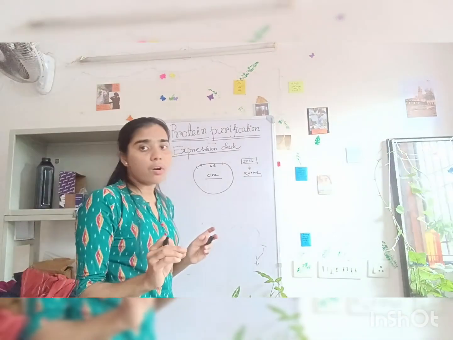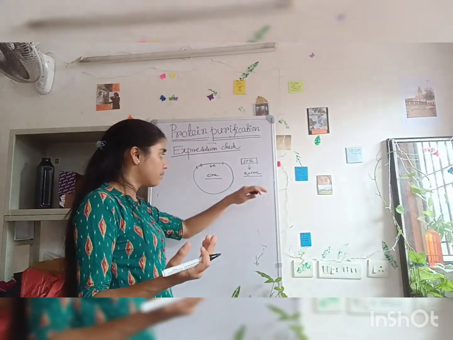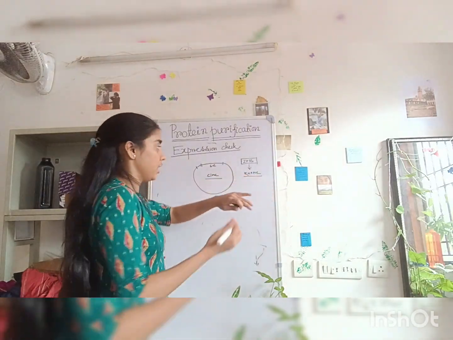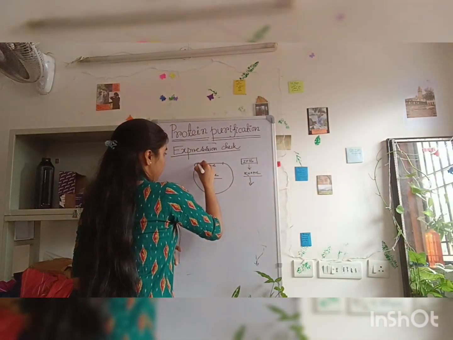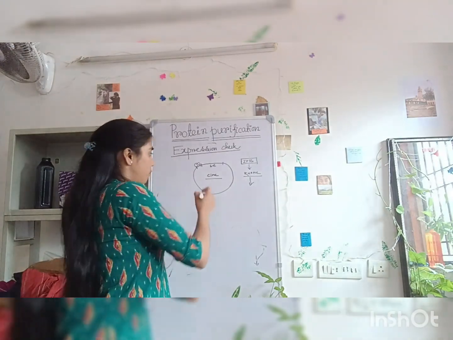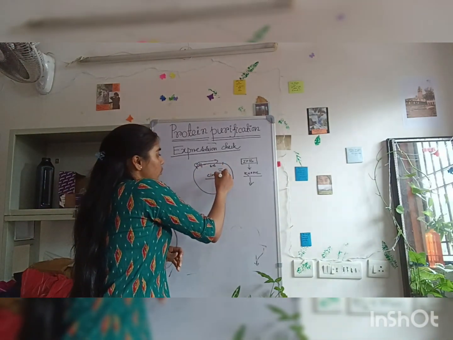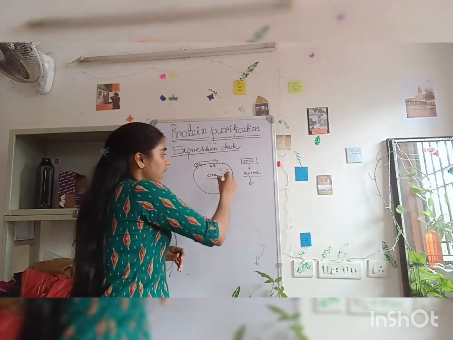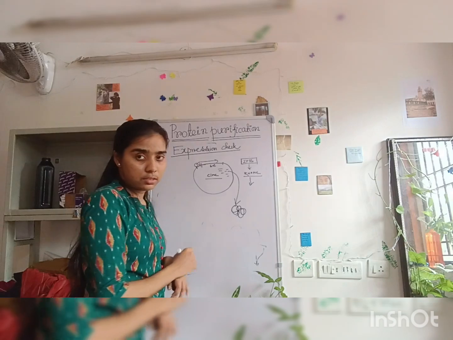It is not to induce our protein production directly, it is for the RNA polymerase production. This RNA polymerase will go and sit in the promoter region of this gene of interest, make more RNA, and from the RNA we will get our protein of interest.